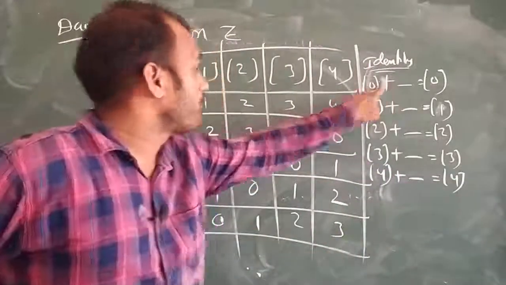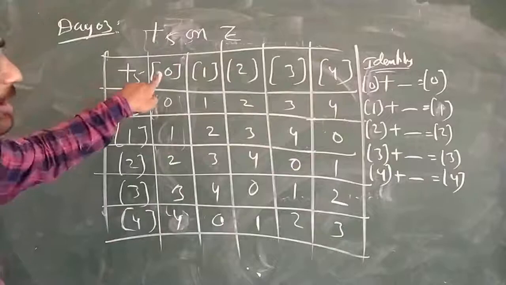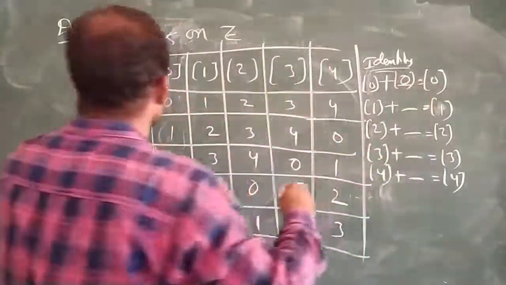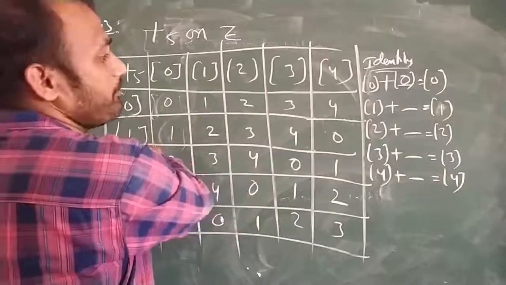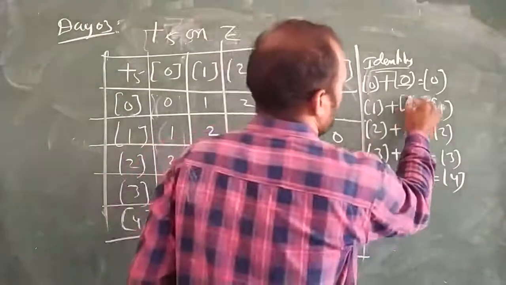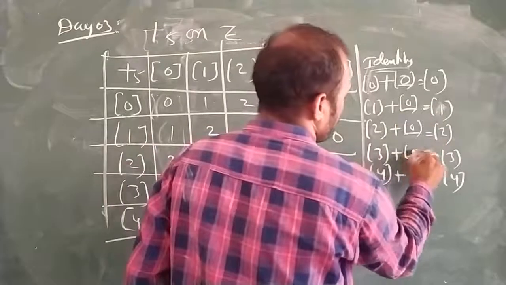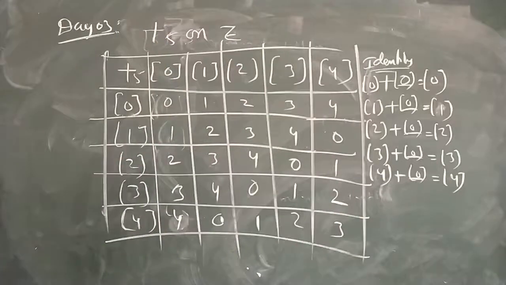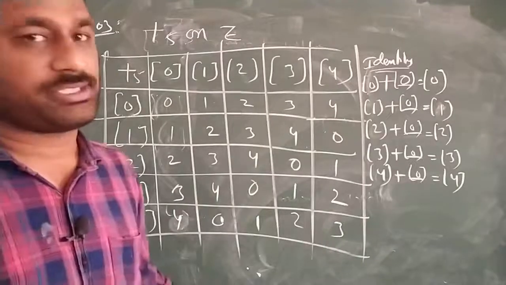So for 0, if you add what number are you going to get 0? 0. For 1, with which number are you going to get 1? 0. So always here it will be 0. So we can say that it is satisfied with the identity property also. So the inverse also is going to exist in the same manner.